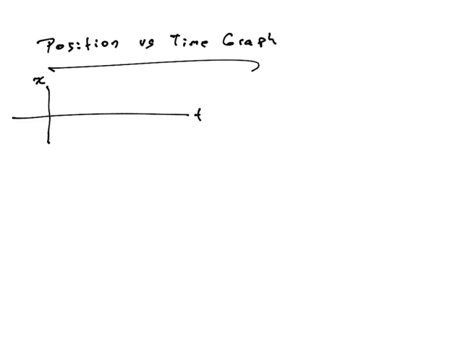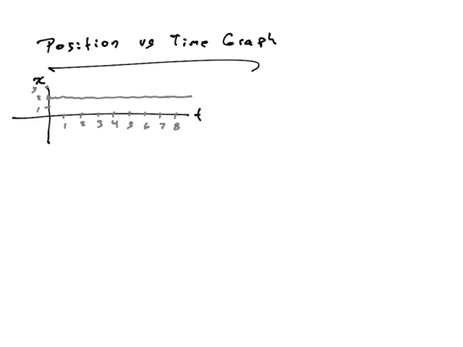Let's say the object starts at the 2 meter mark. So this is 1, this is 2, this is 3, and here's 1 second, 2 seconds, 3 seconds, 4. And let's say I have a plot that looks like this. Just a nice horizontal line.